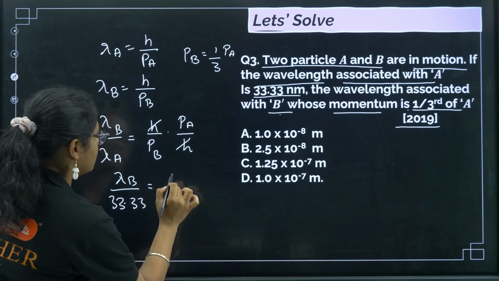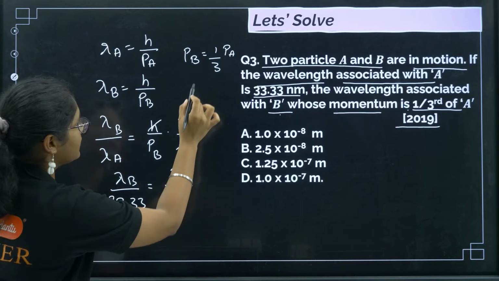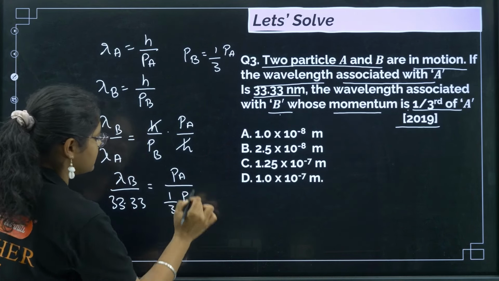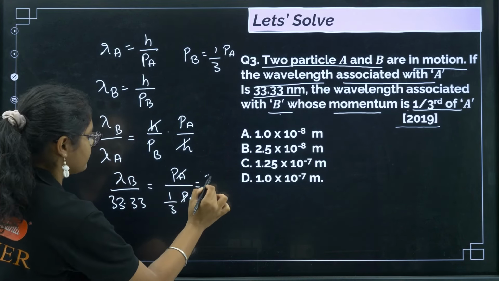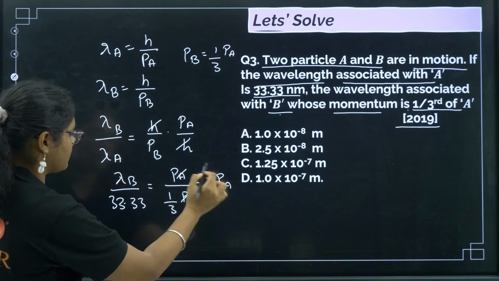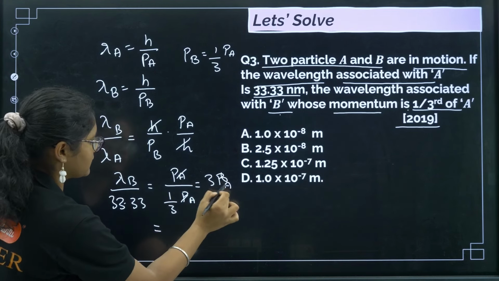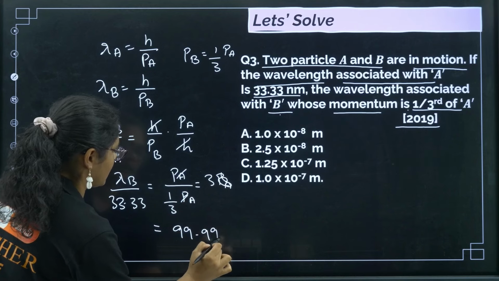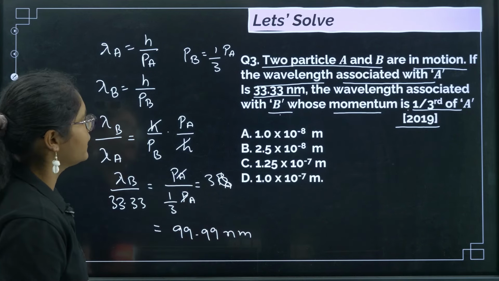And PB is 1/3 of PA, so this can be written as 3, and this multiplies, so we'll get 99.99 nanometer.